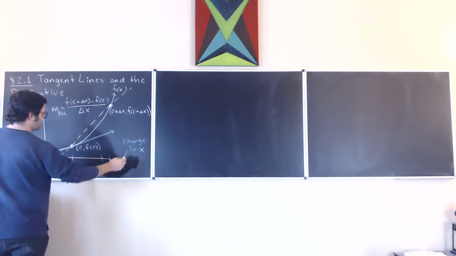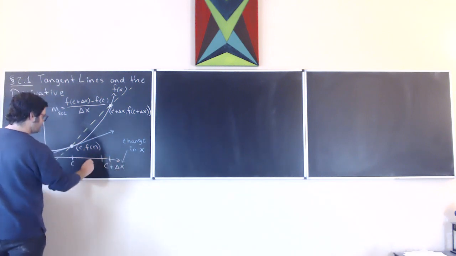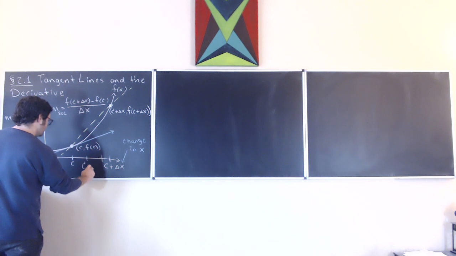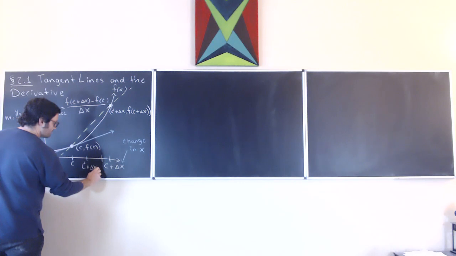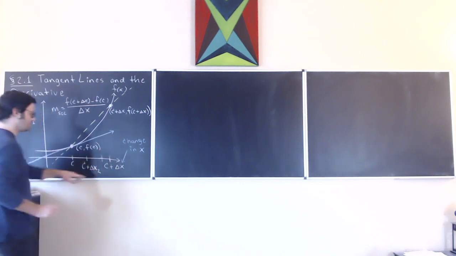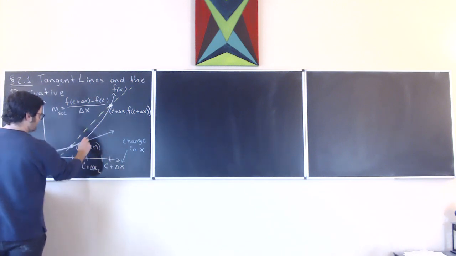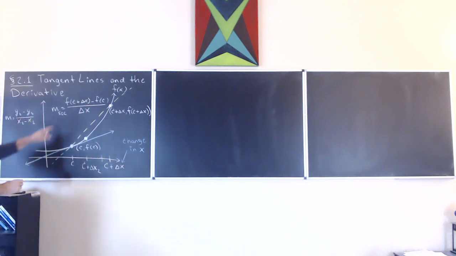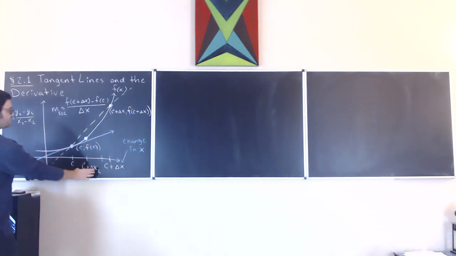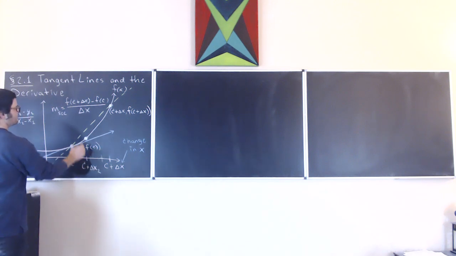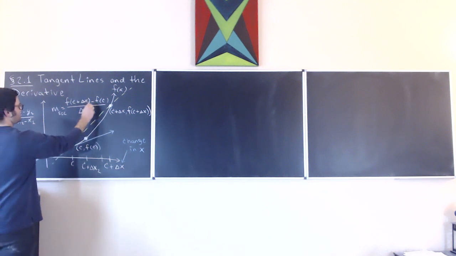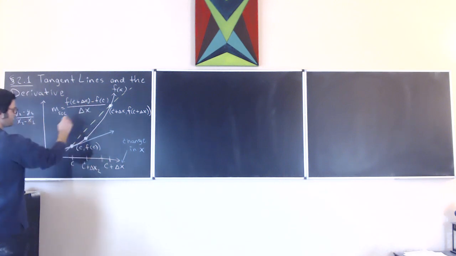So for example, if we picked a new delta x to move, maybe like here, so I'll call this like c plus delta x, I don't know, 2 or something, just to have a different change in x. Then if we evaluate the function at that point, we get a new point right there. And then if we apply the secant formula again with this new delta x2, then we're going to find the slope of the line here.